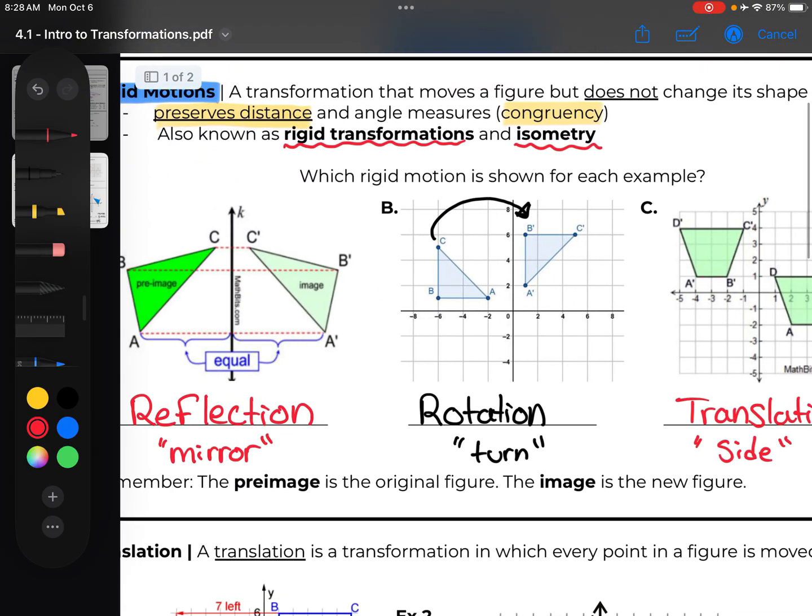Once again, the pre-image is the original figure. The image is the new figure. Very important. Think of a preview of a movie. That's before you see it. You're going to see the movie, and then after the movie is the after effects. So the pre-image is before you move it.